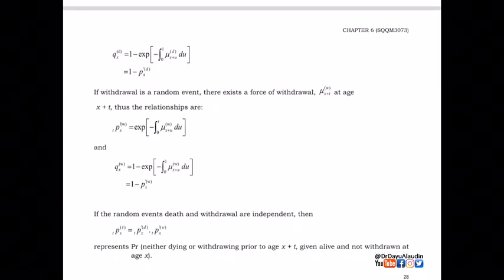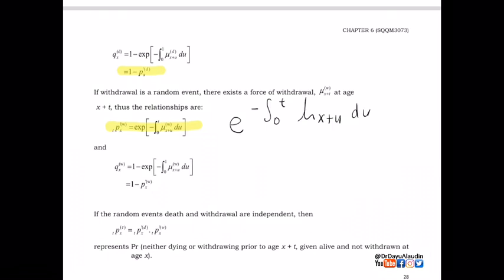Okay, so the relationship for qx^(d) is also 1 minus px^(d)'. Same for withdrawal, so for withdrawal we use force of mortality for withdrawal.